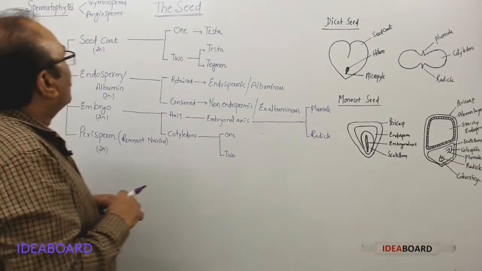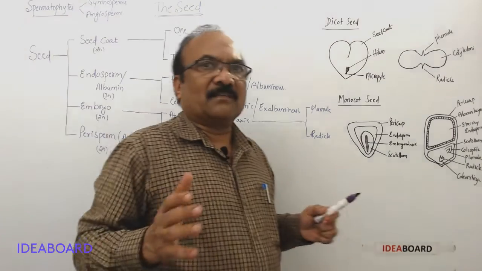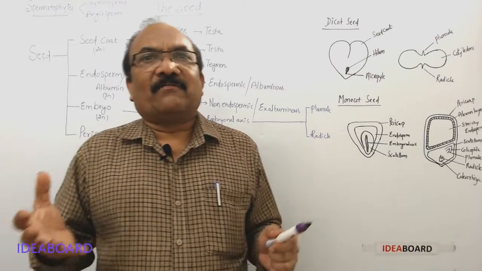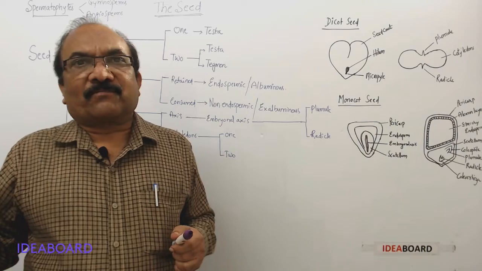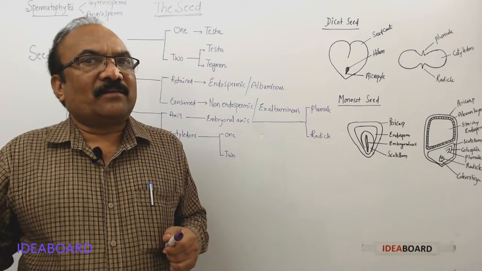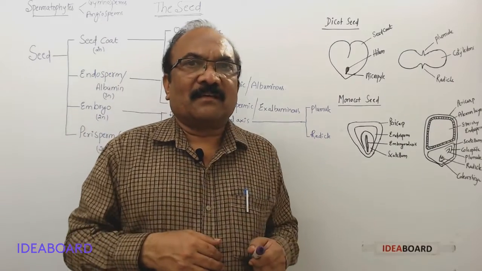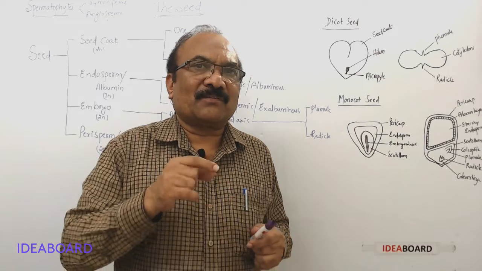Right. Then, what is the seed actually? How is the seed formed? And what structure in the flower will develop into the seed? Already we discussed the fruit, and there we defined the fruit as what? Post fertilized ovary. And what are present inside the ovary? Ovules.